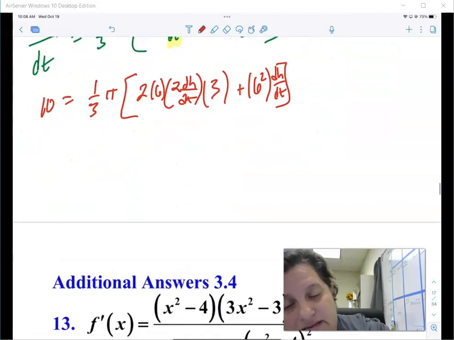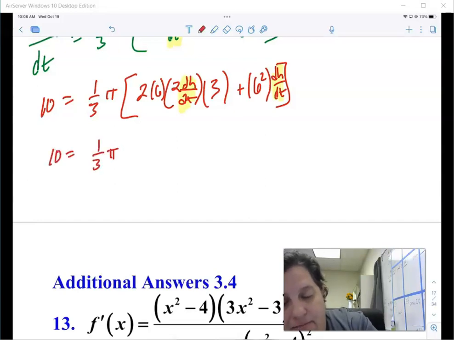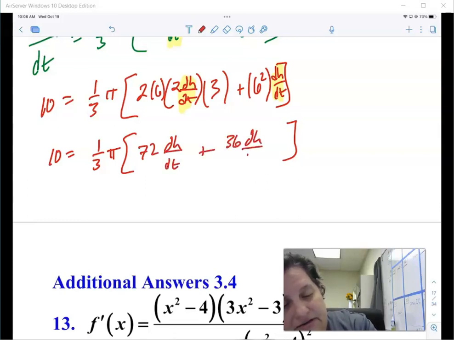But now, at least I'm only solving for one variable. Okay? So look, I have 1/3 pi, 2 times 6 times 2 times 3. Okay, so that's 12. Times 2 is 24. Times 3 is 72. 6 squared, that's 36.